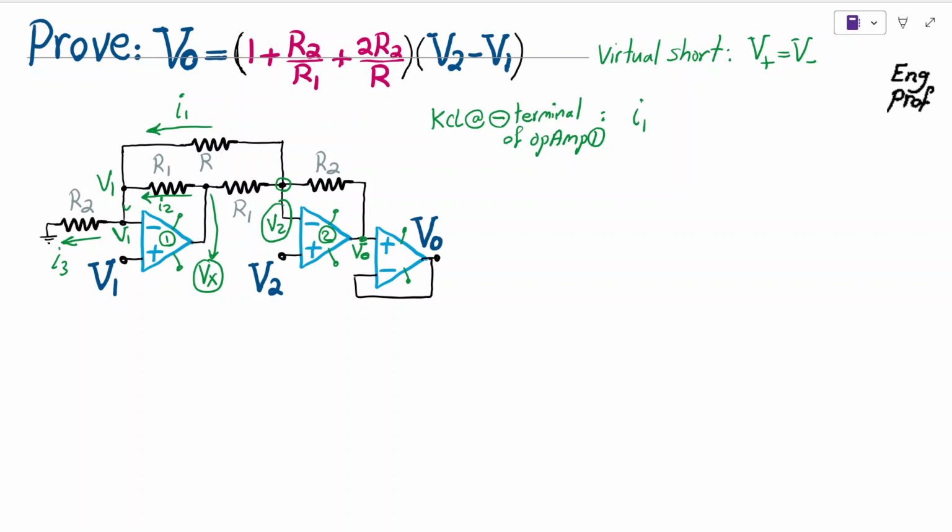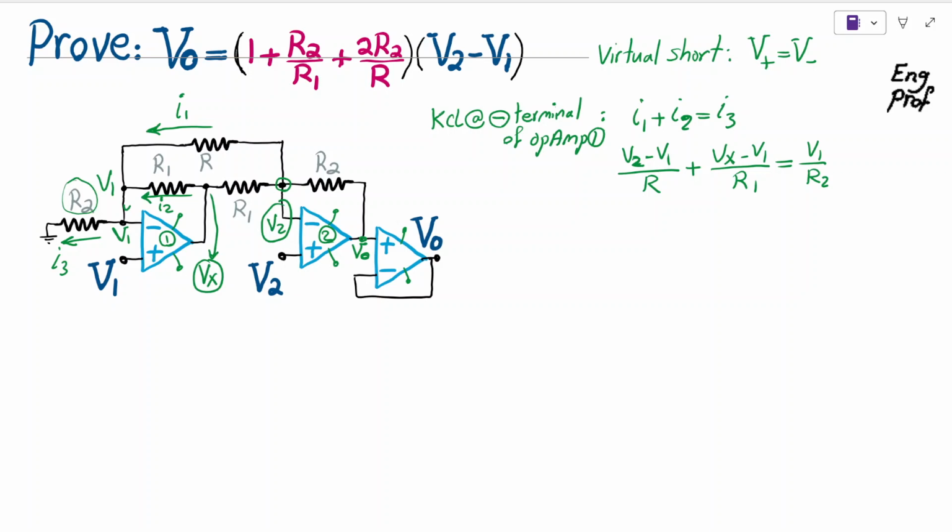So I have I1 plus I2 is equal to I3. In that case, I1 is simply V2 minus V1 divided by R. I2, which is going through R1, is Vx minus V1 divided by R1. And I3, which is the one going through R2, is simply V1 minus 0 divided by R2.